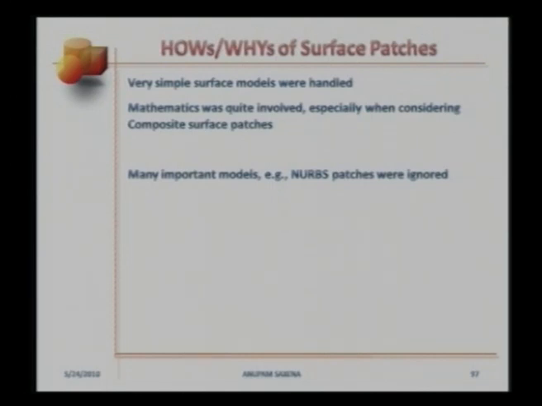Many important models, for example, non-uniform rational B-spline surface patches, were ignored. Interested teachers and students are encouraged, and I would myself do that as well, to learn about NURBS surface patches on their own. Again, there is quite a bit of dedicated literature on this subject itself.